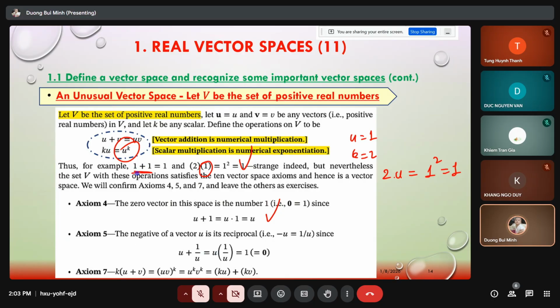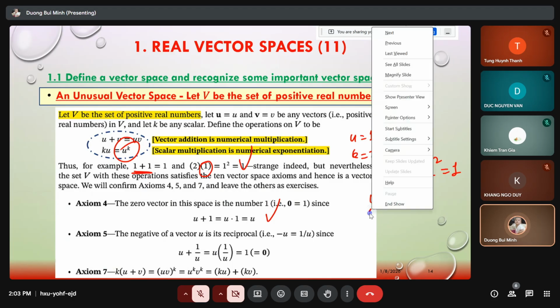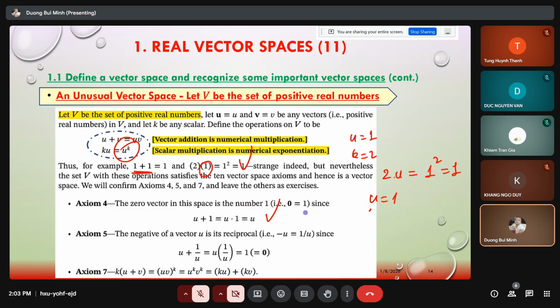But this one, U is 1, and we have the zero vector. The zero vector is 1.